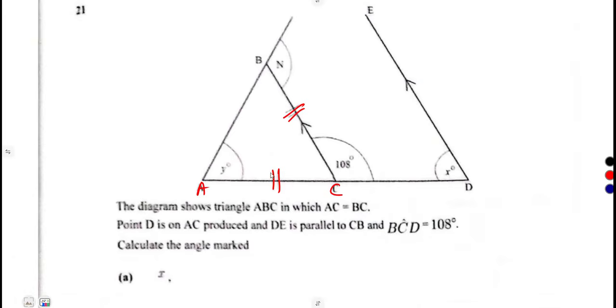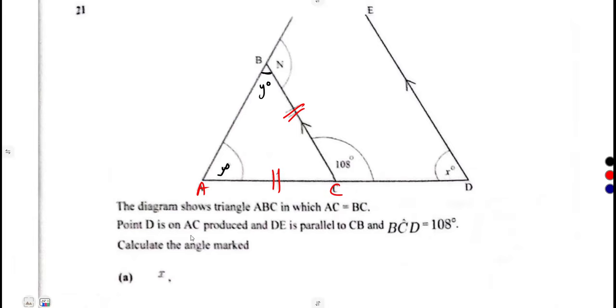So the angle at B and the angle at A will be equal. This was y degrees, so this one also is going to be y degrees at B. That is, angles opposite equal sides are equal.